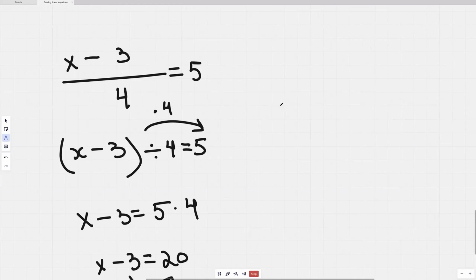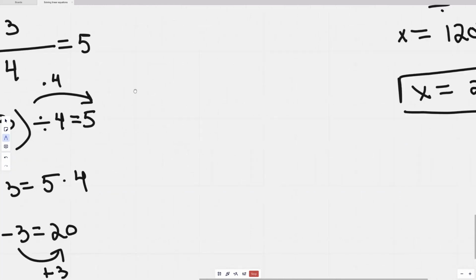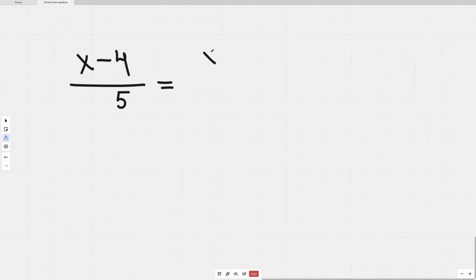So let's move to the final rule. What about when the dividings happen on both sides? Let's say x minus 4 divided by 5 is equal to x minus 2 divided by 6.